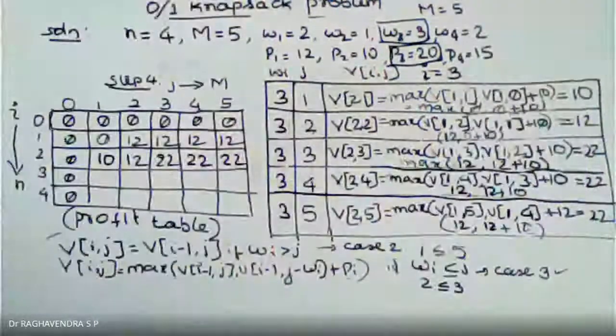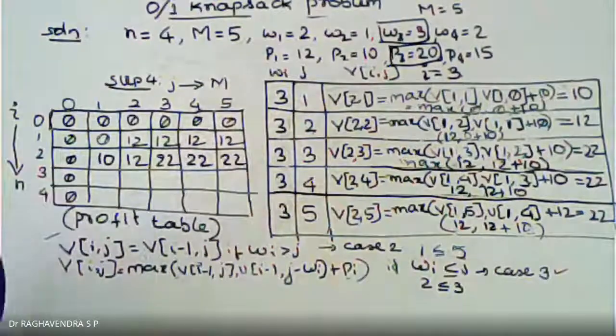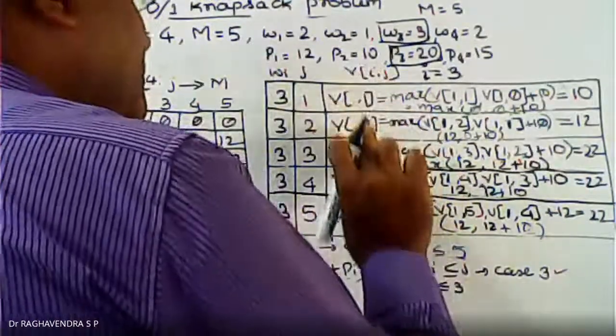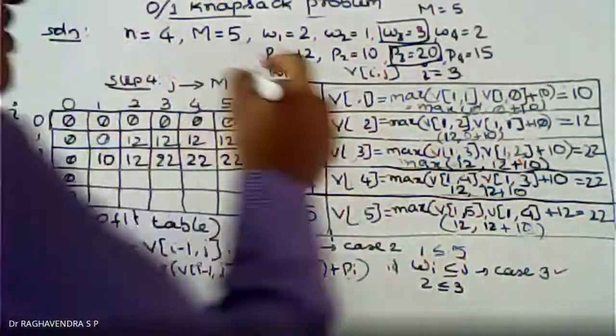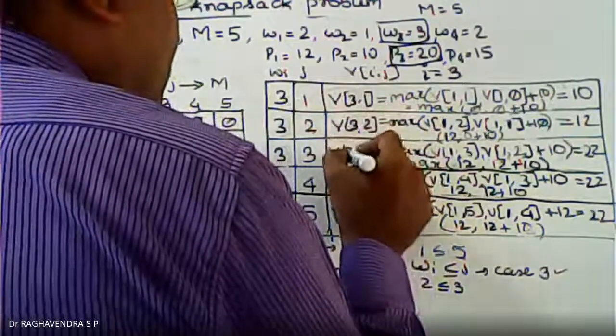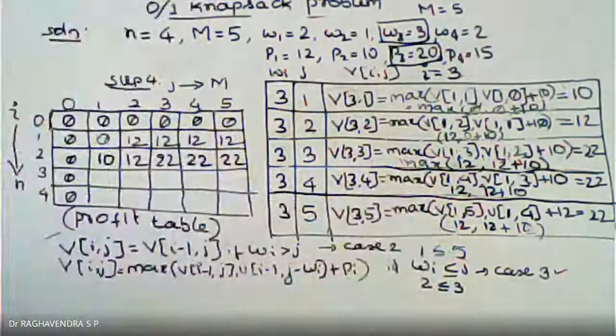The J remains 1 to 5, no problem. And now these values we have to replace: 3 comma 1, 3 comma 2, 3 comma 3, 3 comma 4, 3 comma 5.